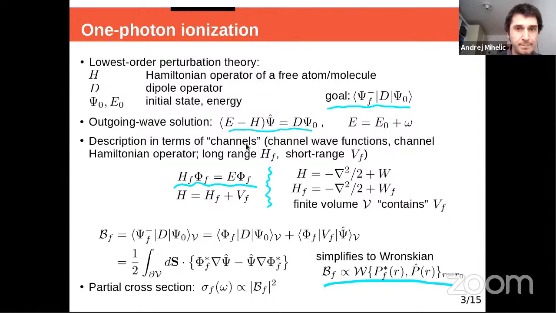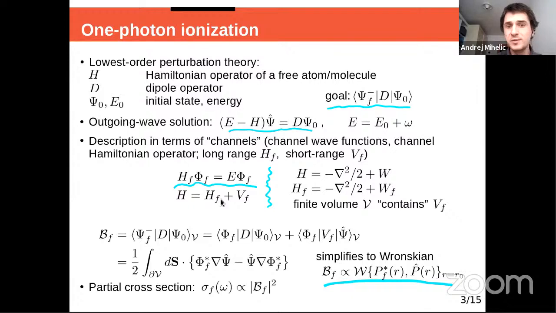Now, the photofragmentation process is usually described in terms of channels or channel wave functions. And these channel wave functions are usually the eigenwave functions of the channel Hamiltonian, which can be, in fact, different from the total Hamiltonian.